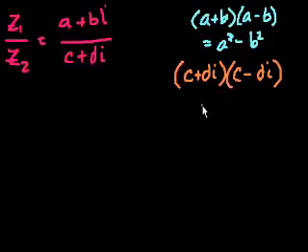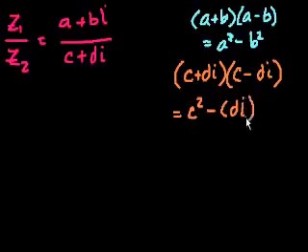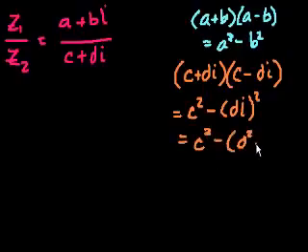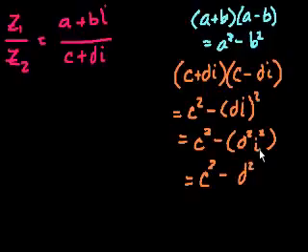So this is just going to be equal to c squared minus (di) squared, which equals c squared minus d squared i squared. And i squared is -1, so this is going to be multiplied by -1, so it cancels out this negative. So you get c squared plus d squared.